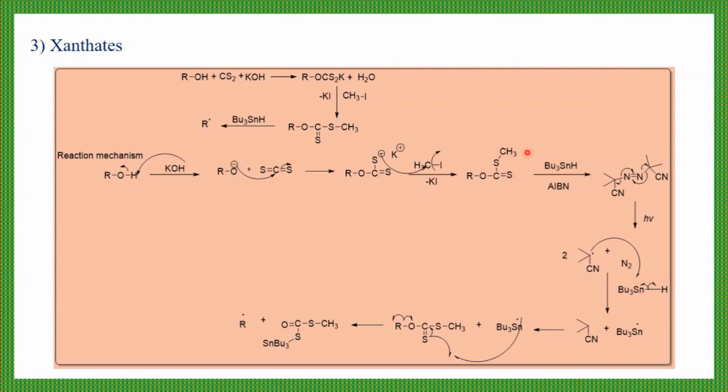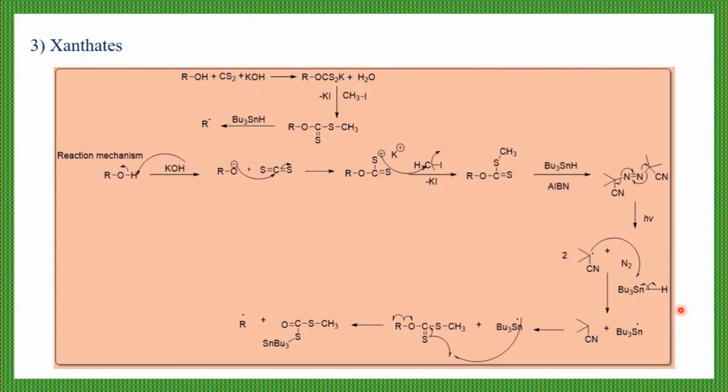Xanthate reacts with your tributyltin hydride in presence of AIBN. AIBN is the identical molecule; it acts as the initiator. It undergoes homolysis in presence of heat or light, and you will get this carbon radical. The carbon radical reacts with your tributyltin hydride, and in the same way tributyltin hydride undergoes homolysis.